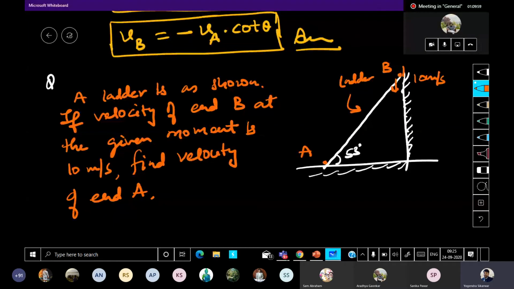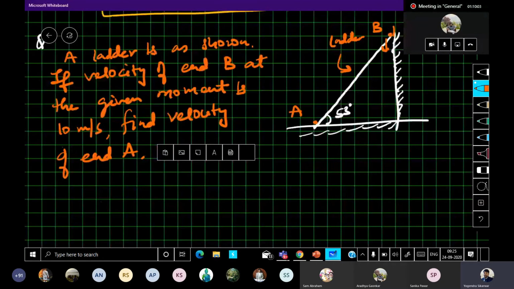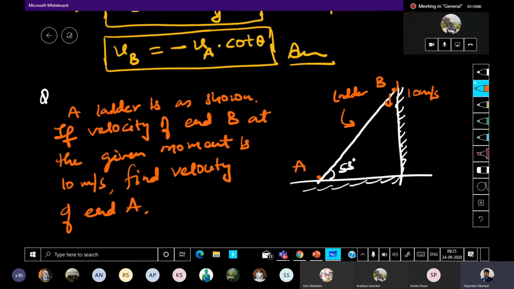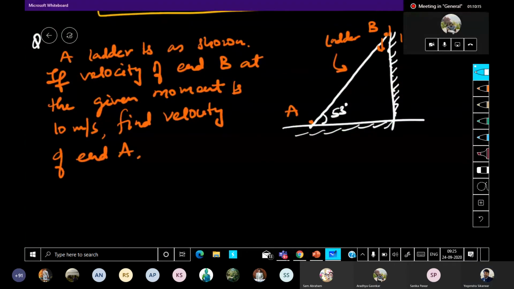Okay, everyone, please pay attention. As I told you, you should not use the formula directly, otherwise you can put in this value and get the answer. So what we can write again is, this is x, this is y.